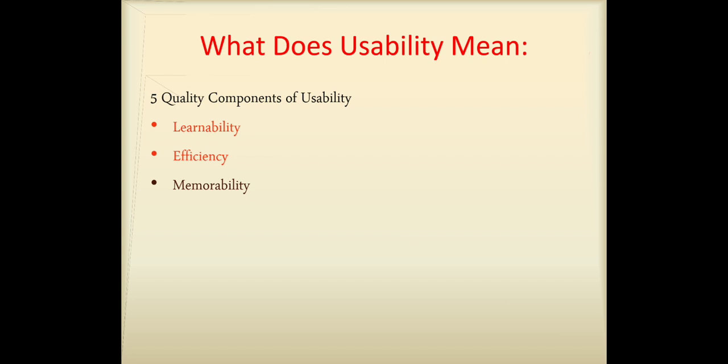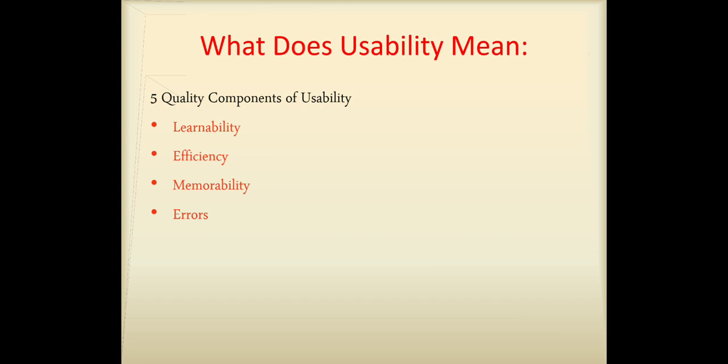Similarly, errors. How many errors do the users make? How severe are these errors and how easily can they recover from these errors? This is also a quality component of determining the usability of the system.